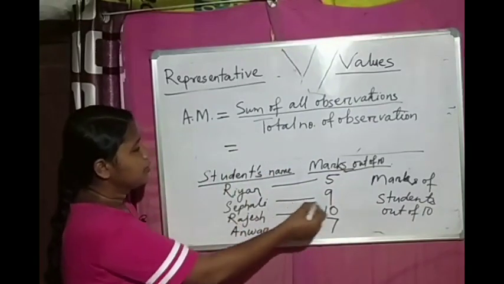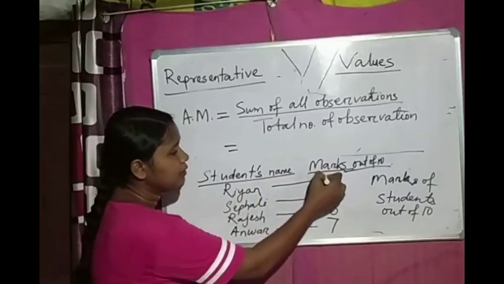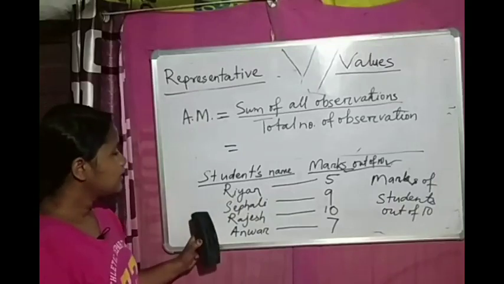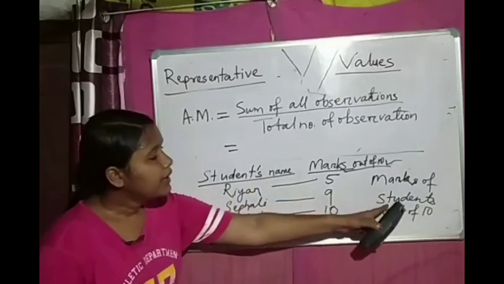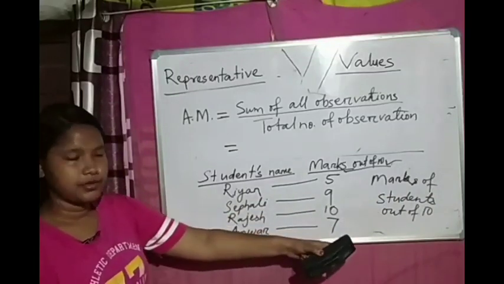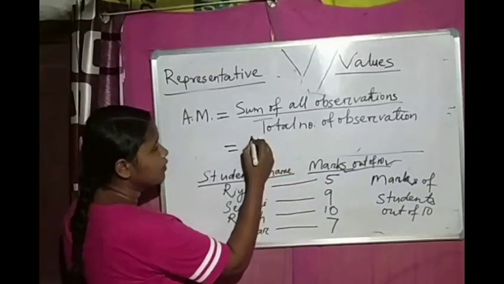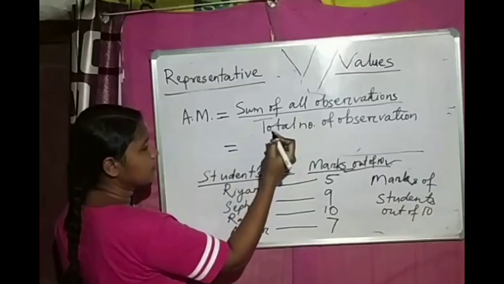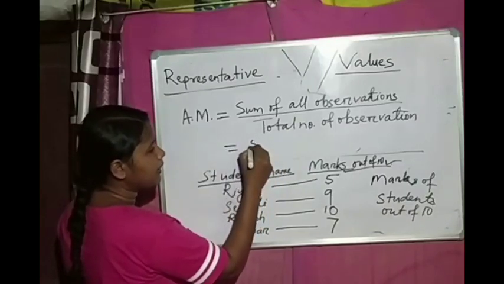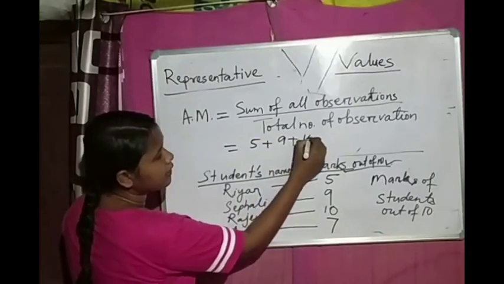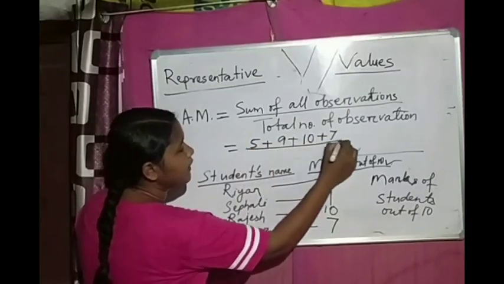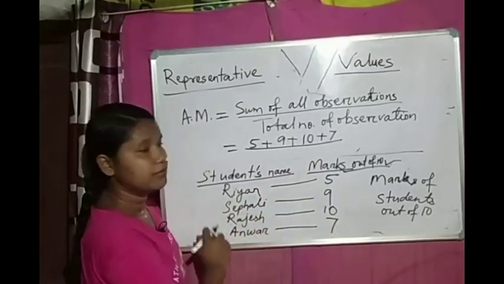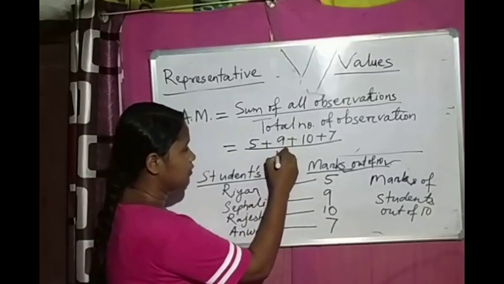So look here, we have observations. Observations are what? Our marks. So this table is showing the marks of 4 students. So we'll write out the marks here: 5 plus 9 plus 10 plus 7 by the total number of observations. How many observations are there? 1, 2, 3, 4, which means the total number of students, 4.